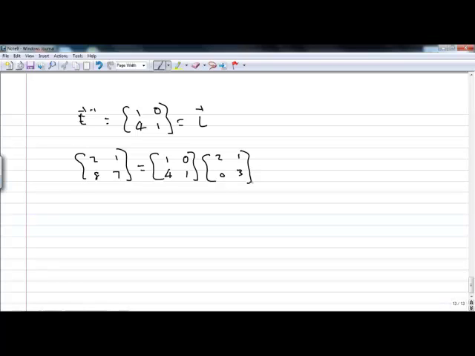Okay. Now the L in this case stands for lower diagonal.